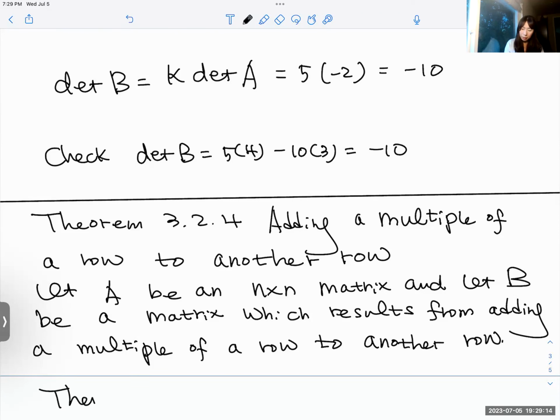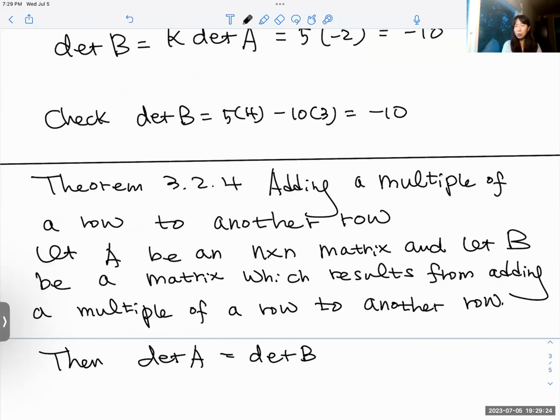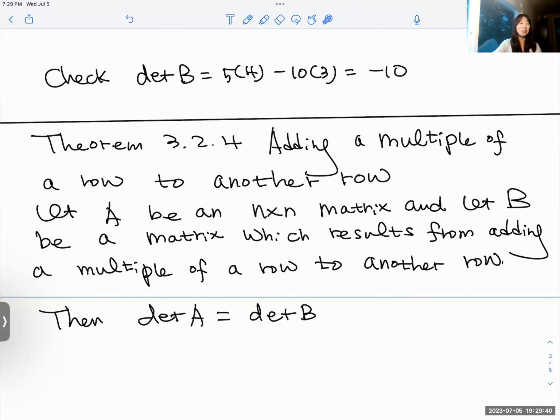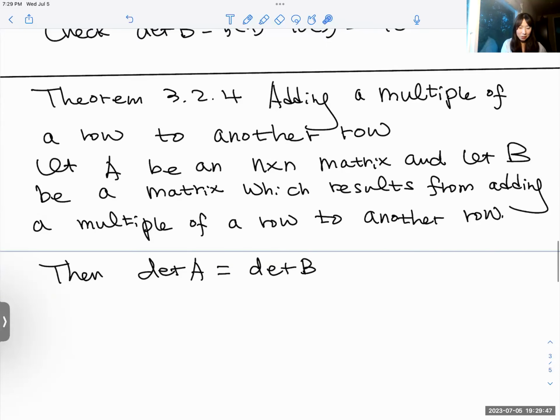Then the determinant of A is the same as the determinant of B. Okay, so this is row replacement, right? So in that case, since they have the same determinant, let us talk more about this one. Okay, so for example, we understand this one first.